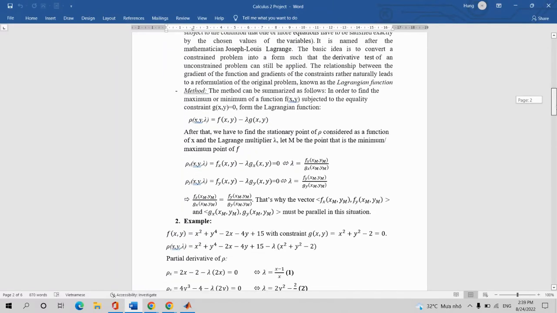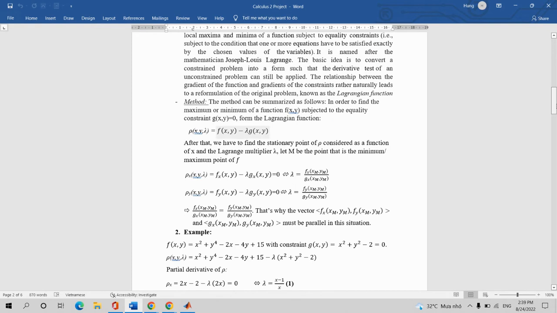So we have the first one, Px(x,y,lambda) equal to fx(x,y) minus lambda gx(x,y) equal to 0. So we can calculate lambda right here. Lambda can be both positive and negative in this situation.